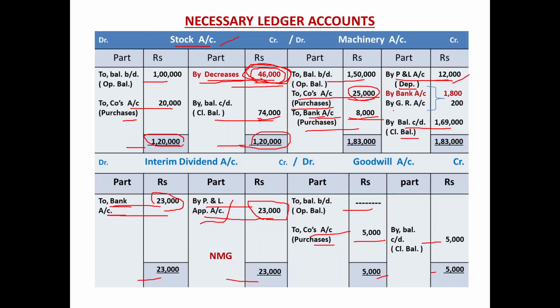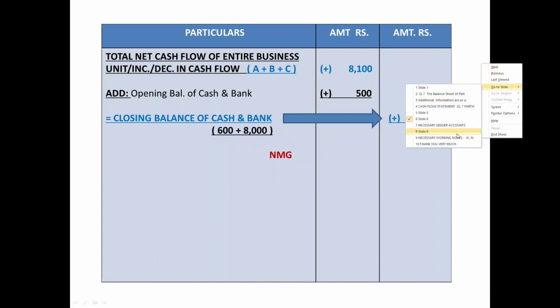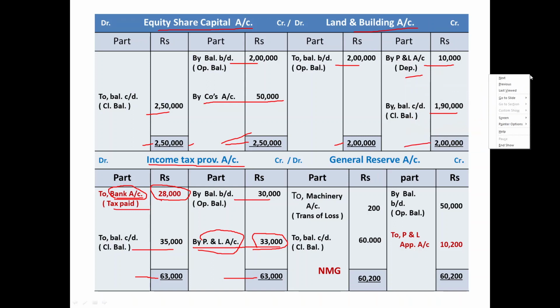So the JE would be: general reserve account debited 200, machinery account credited 200, because additional point number 6 is very clear that the loss has been written off to the general reserve account. So GR account debited, machinery account credited.